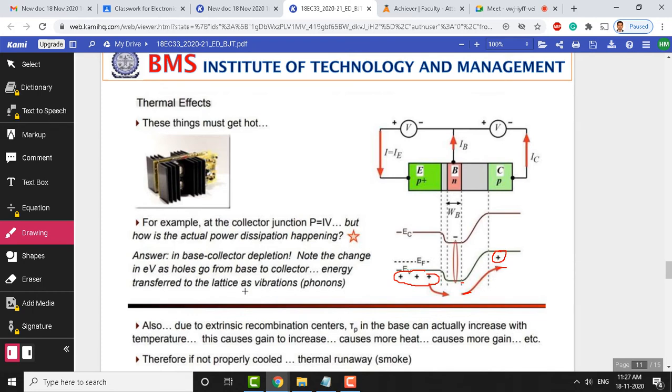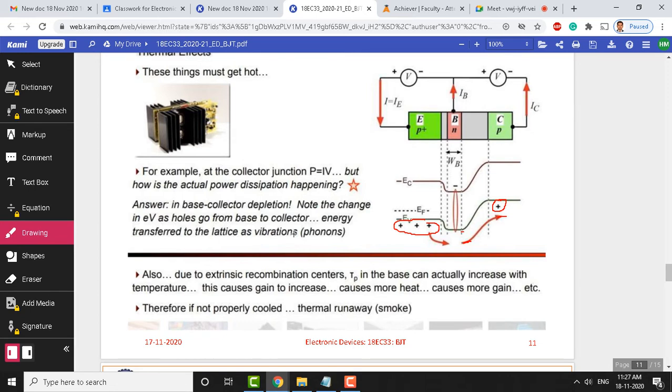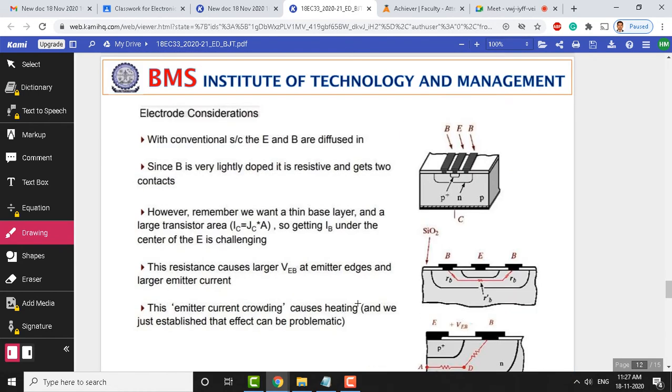That's called lattice vibrations. So this excess heat generated due to the different mechanisms, we need to remove properly. If you do not cool it properly, then it leads to the effect called thermal runaway.